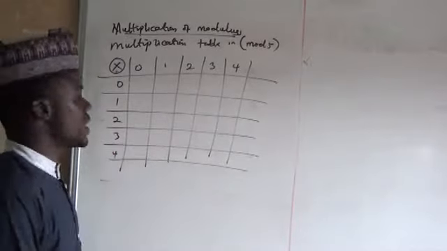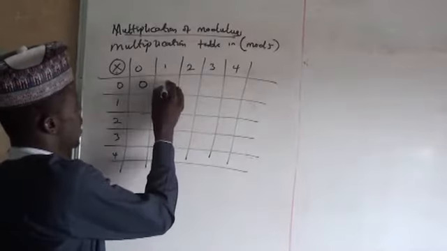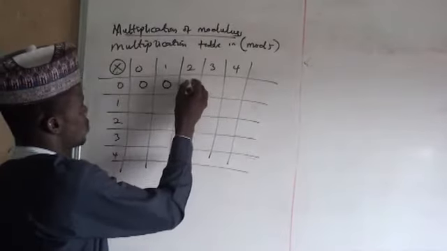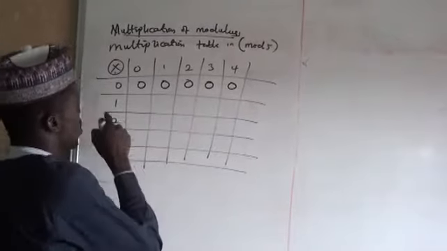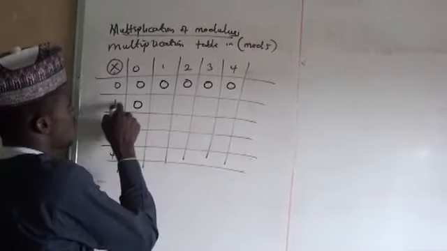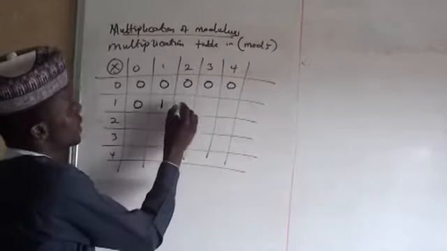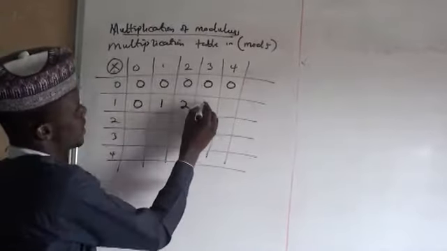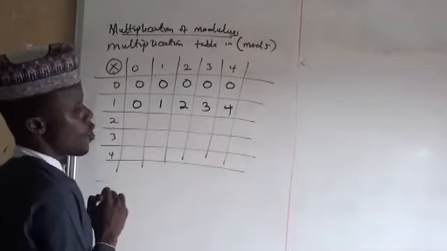So now here we say 0 times 0, here we have 0. 0 times 1 is 0, 0 times 2, 0, 0 times 3, 0, 0 times 4, 0. 1 times 0 is 0, 1 times 1 is 1, 1 times 2 is 2, 1 times 3 is 3, and 1 times 4 is 4.